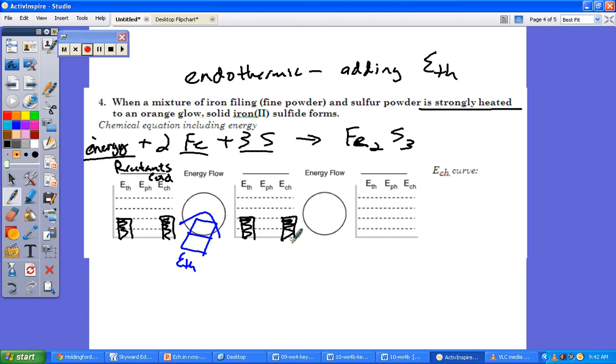So I'm going to start by drawing those two, but then I'm going to also add in my thermal energy bars here. So now we would call these reactants in the hot stage. So if you heat these two up, they're going to begin to react. And so when they begin to react, what happens is this thermal energy changes to chemical stored energy again. So these are the products now.